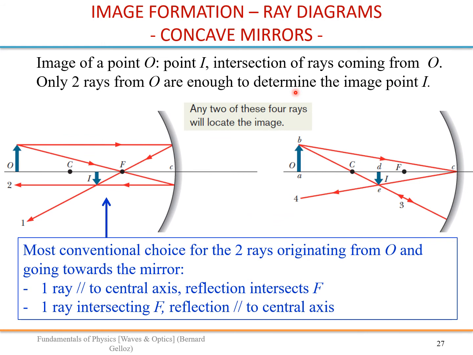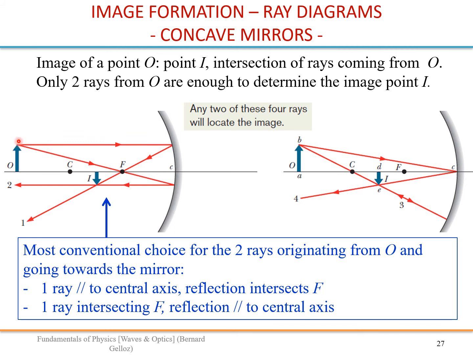Let's find the image of a point of an object by a concave mirror. Here is our object. Again, remember, because we have stigmatism, we just need two rays to find out the image of one point. So let's take that point.